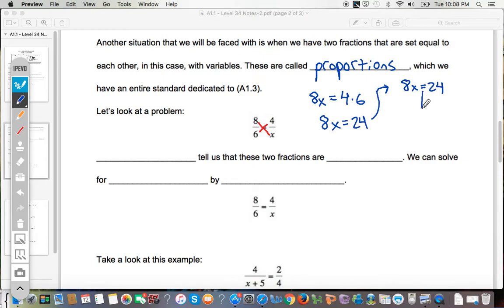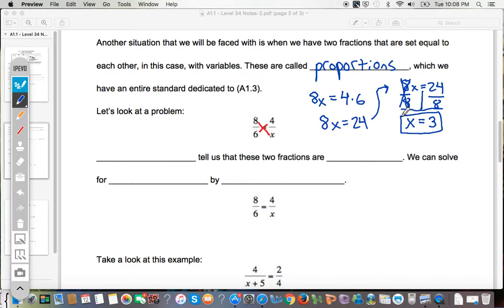I'm going to make my T-chart and divide by 8 on both sides to get x by itself. So my 8s will cancel, and I'm left with x on this side equals 24 divided by 8. In your head, using a calculator, any other strategy you might have, 24 divided by 8 is 3. So x equals 3.